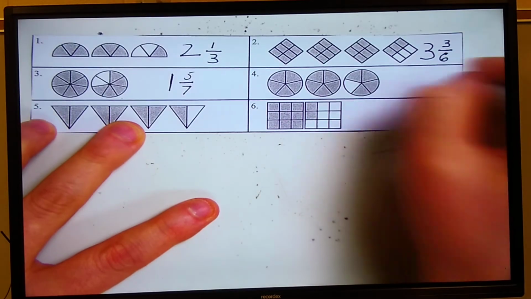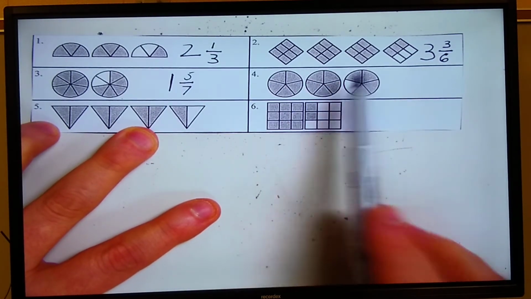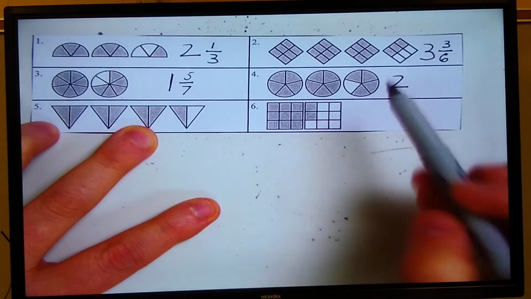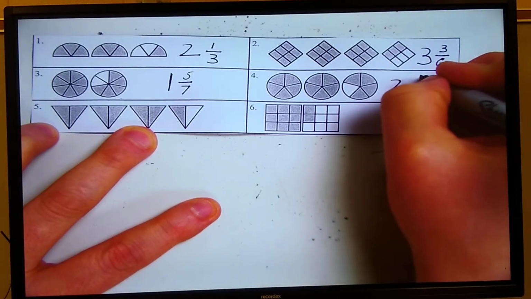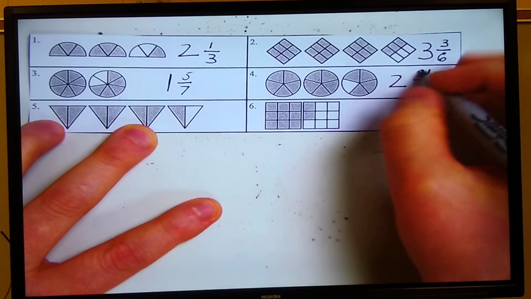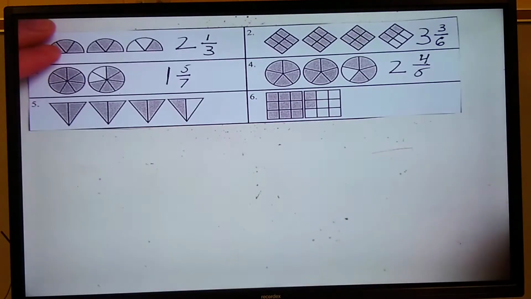All right, the next one. How many do I have completely shaded in? 1, 2. So my whole number is 2. My numerator, 1, 2, 3, 4. My denominator, 1, 2, 3, 4, 5. 2 and 4 fifths.